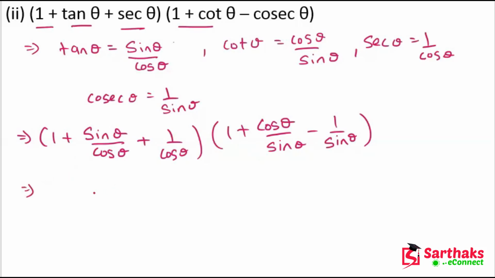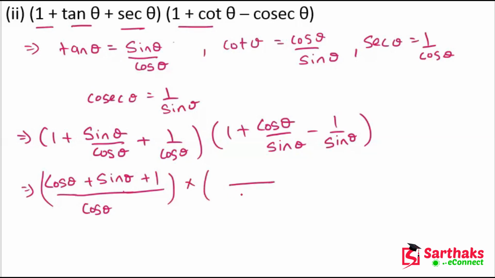Taking cos theta as the LCM, this is cos theta plus sin theta plus 1 upon cos theta, and here sin theta is the LCM, so sin theta plus cos theta minus 1 upon sin theta.